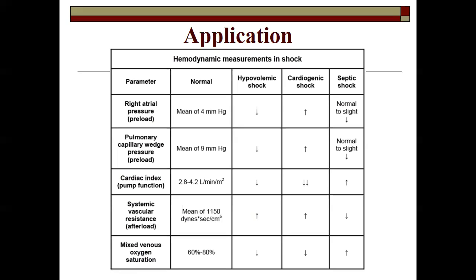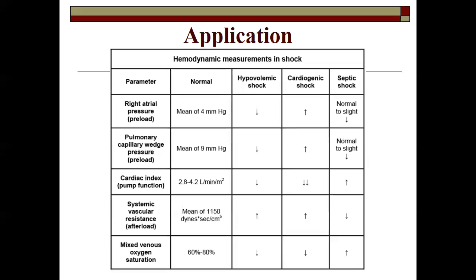Normal right atrial pressure is measuring preload. Normal is an average of 4 millimeters of mercury. If we see a patient who's in hypovolemic shock, we'll see a low right atrial pressure because they have a low circulating volume. We've lost volume in the vasculature, so we don't have it there.